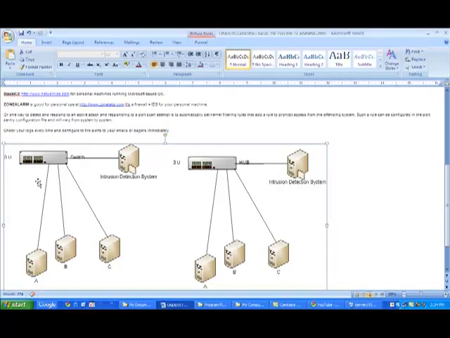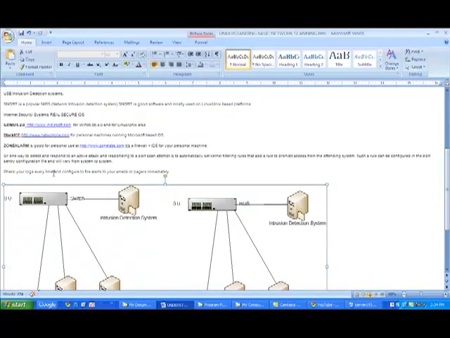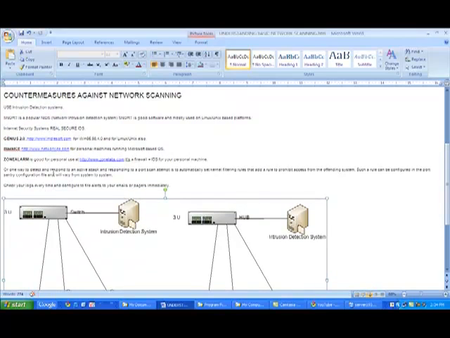That's one of the best ways of protecting your network from these kinds of network scans. The other software you can use is Genius, for example, or Black Eyes, and Zone Alarm. Zone Alarm is good for personal use, and it can act as a firewall and intrusion detection on your laptop or on your computer.